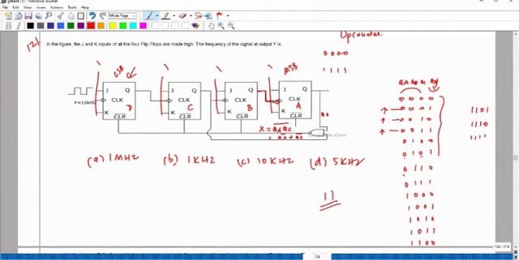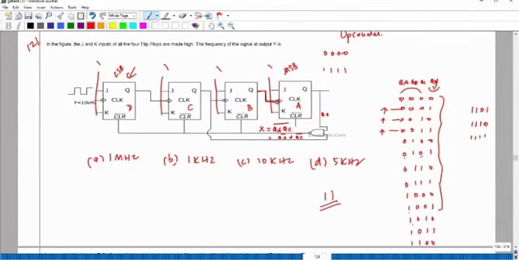So if I consider this one, QA bar plus QC bar is also 1. So this will reach here to this one, to this one. Okay, so here also QA bar plus QC bar is 1.